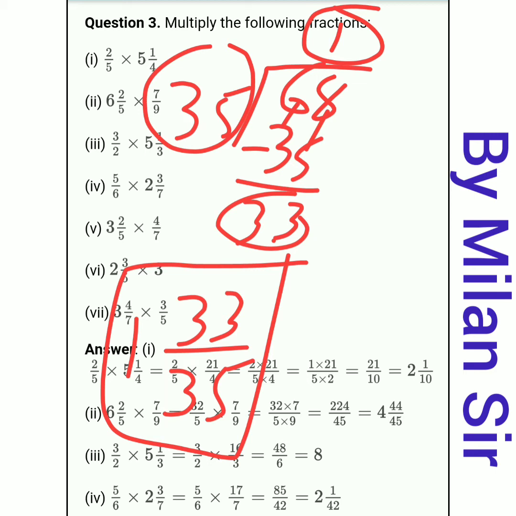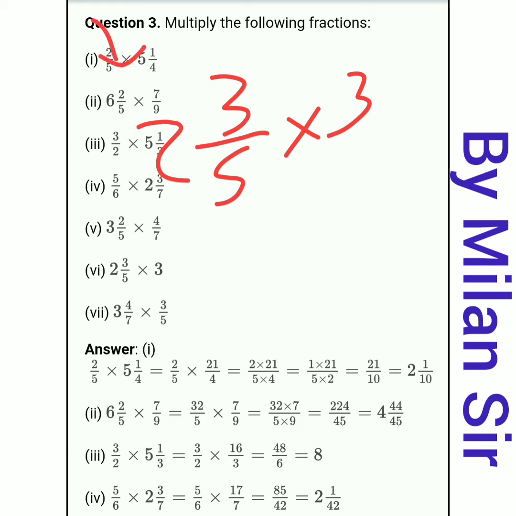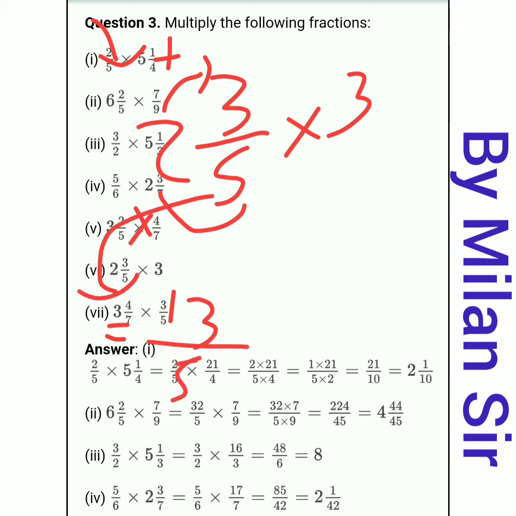Then question number 6. 2 integer 3 by 5 multiply 3. First of all we need to convert this mixed fraction into improper fraction. So here 5 2s are 10 plus 3, 13, and denominator 5 as it is.